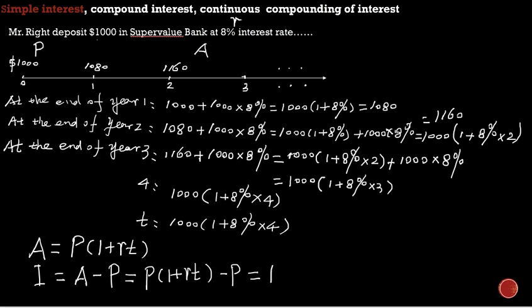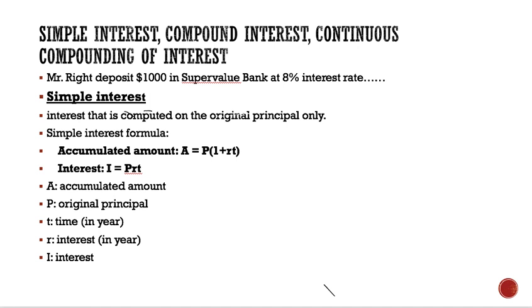We got P R T. This is the formula of simple interest, accumulated amount, and interest. Remember here, the term is expressed in years, and the interest also is annual interest.